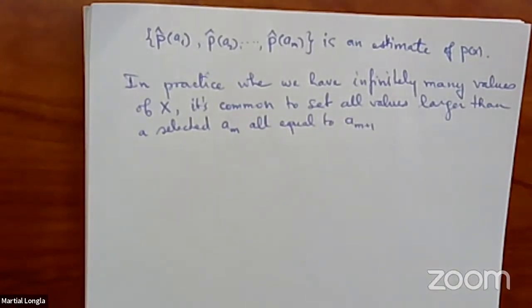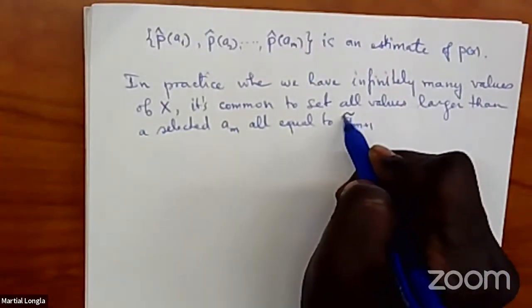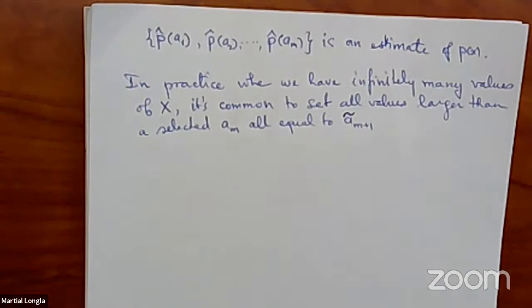So you just create this fake level where you pool everything that is larger than a certain threshold, because when you have infinitely many numbers, you cannot see the very large numbers that go to infinity in a given sample.